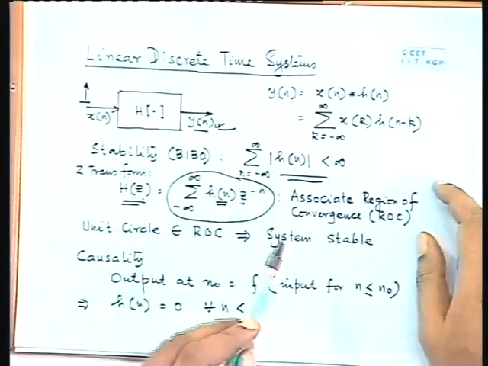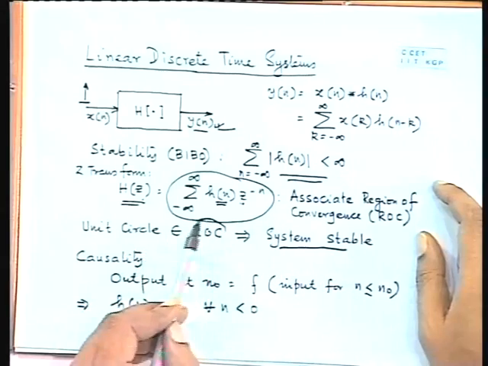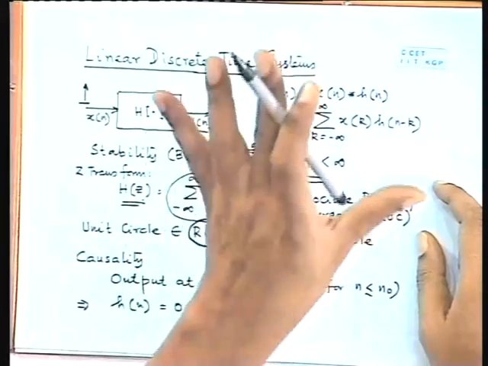The result is that for a system to be stable, the region of convergence, that is, the region in which z should take values such that this has a meaning, must contain the unit circle in the z plane. There is a unit circle which we deal with for stability. That unit circle must belong to the region of convergence.